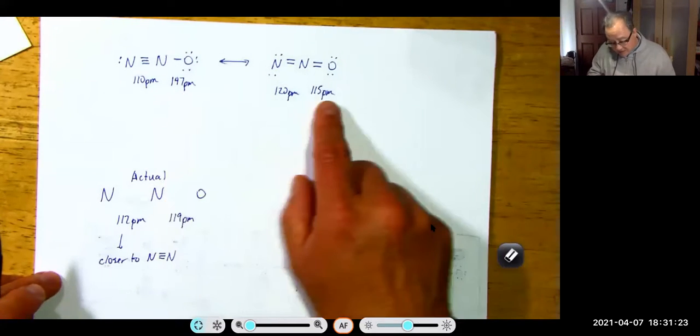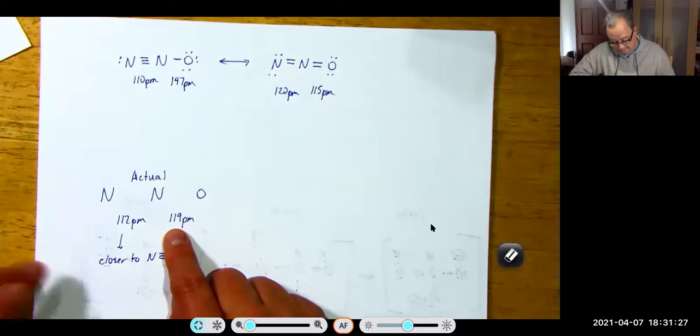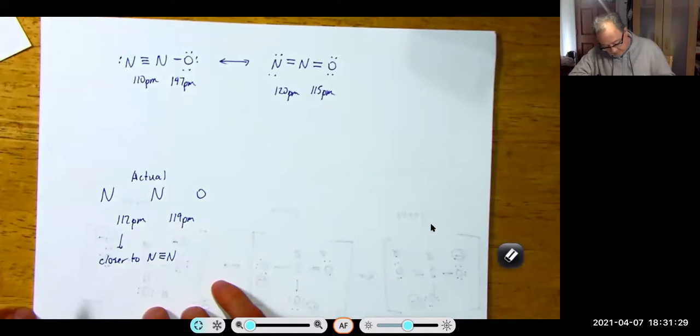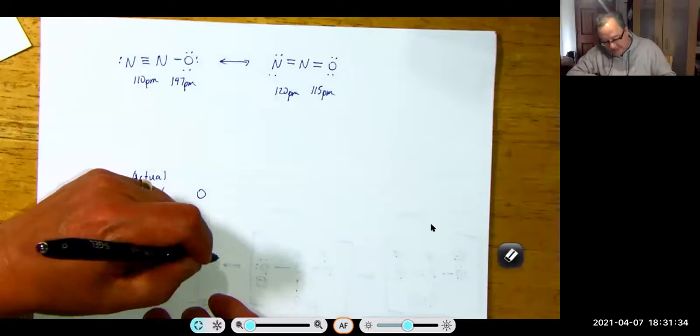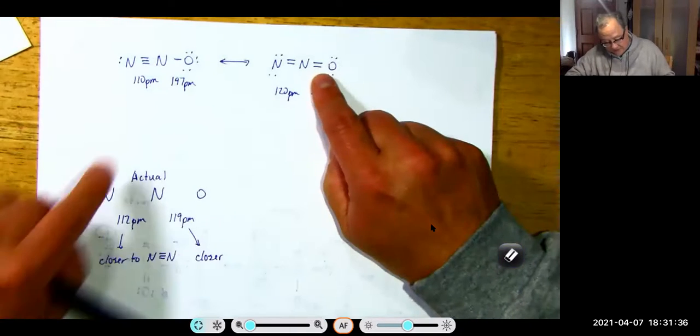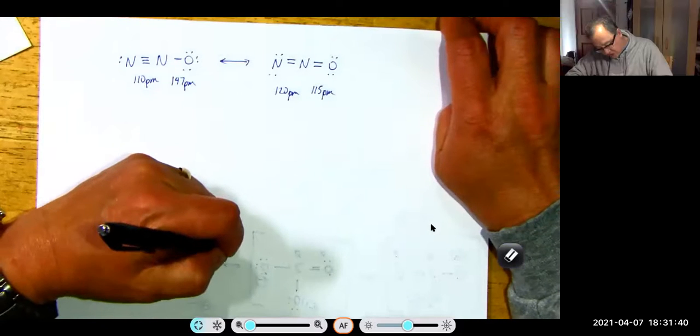This is what a double bond is, it's 115. Look at what it actually is. What is it? 119. So what is it closer to? Is it closer to being like a double bond or a single bond? Closer to a nitrogen-oxygen double bond.